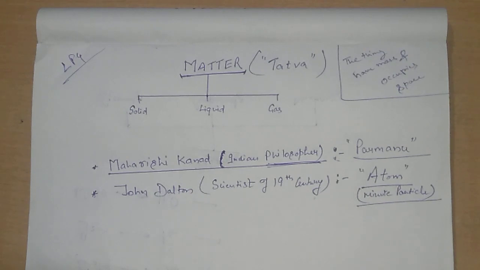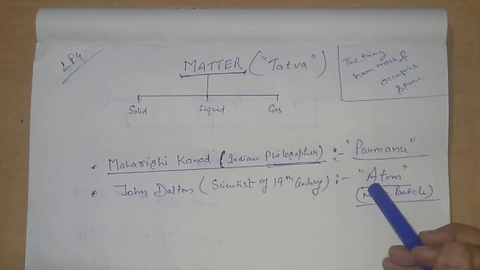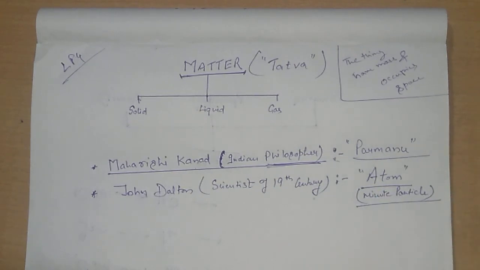Like an ant: the organelles or organs present in the body of an ant, you can imagine how small they are, and they also occupy space and have mass. So basically they are also made up of atoms. So you can imagine how small an atom could be.